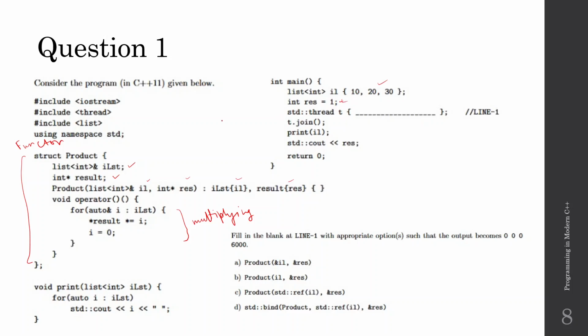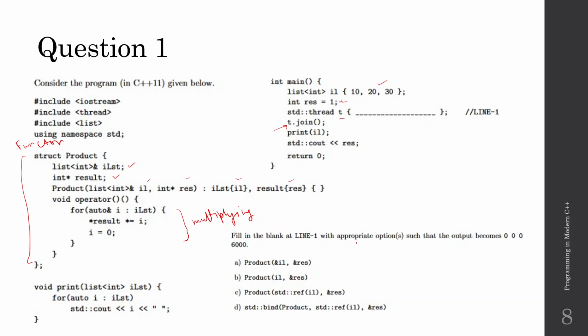Then we have to call this function in a thread which is t, and then we are waiting for the thread to join, t dot join. Otherwise, the main function will exit, okay. And then I call this print function with the integer list, okay, and I print the result.